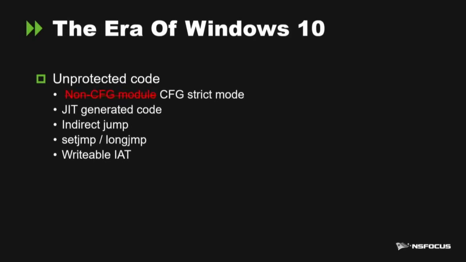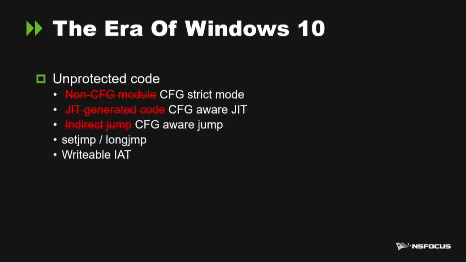Non-CFG modules are blocked by CFG strict mode. JIT-generated code is blocked by CFG OL JIT. Indirect jumps are blocked by CFG OL jump. And setjmp and longjmp are blocked by longjmp hardening. Finally, writable IAT is removed. So in the long run, we can consider that there will be no more unprotected code. So that way was blocked.